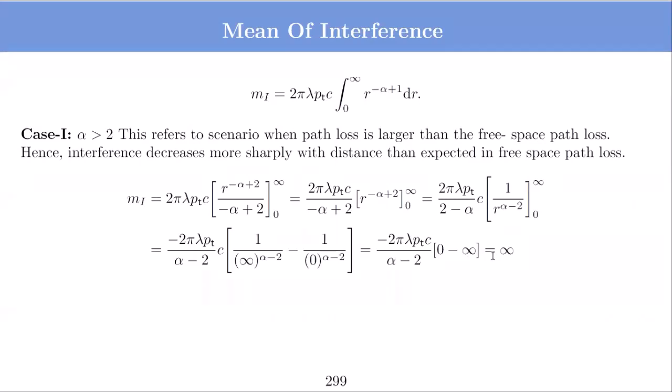So this means because interference is decaying very fast, the points which are very far away are not changing the interference by a huge amount, but for the points which are close by, the signal power is so much that the interference actually becomes infinite because of that.